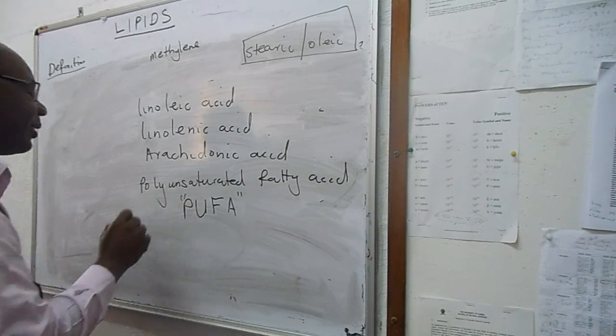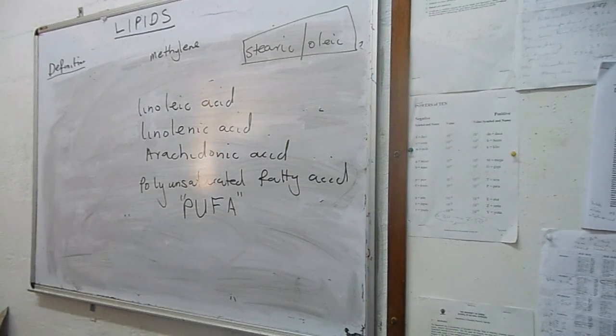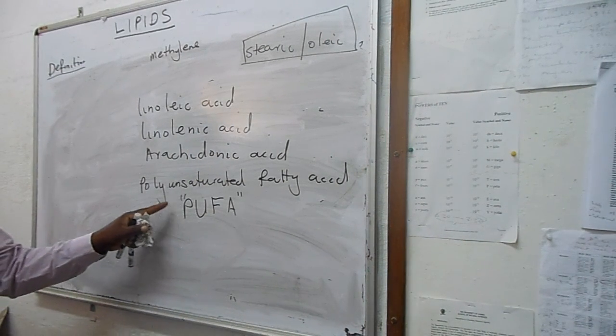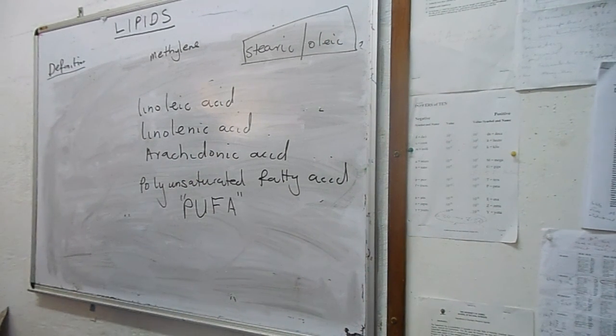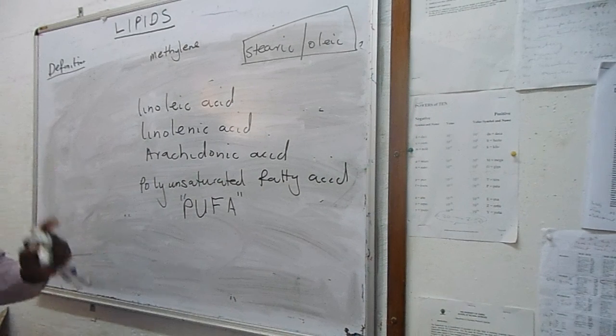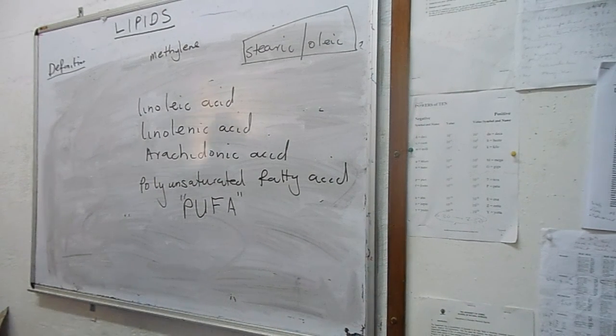So sometimes called the PUFA. The PUFA are just the polyunsaturated fatty acids. What are the polyunsaturated fatty acids? These are fatty acids that have more than one double bond. Examples: linoleic acid, linolenic acid, arachidonic acid. These are unsaturated fatty acids.